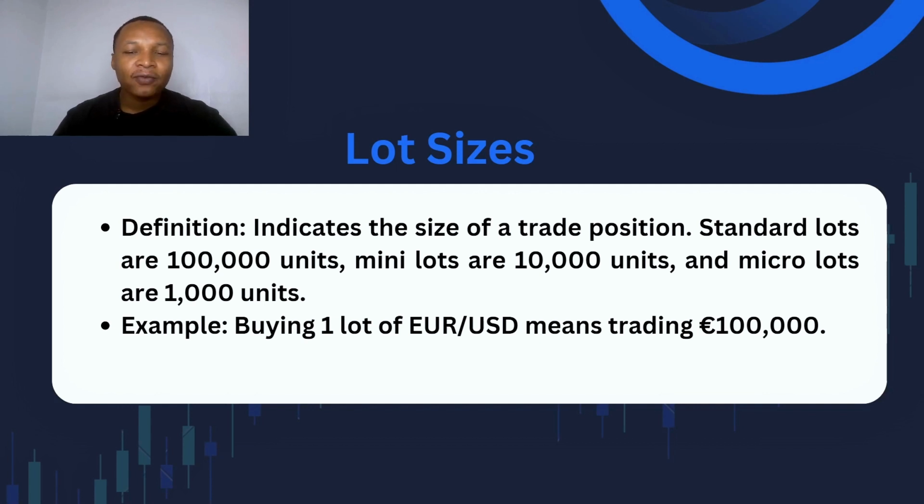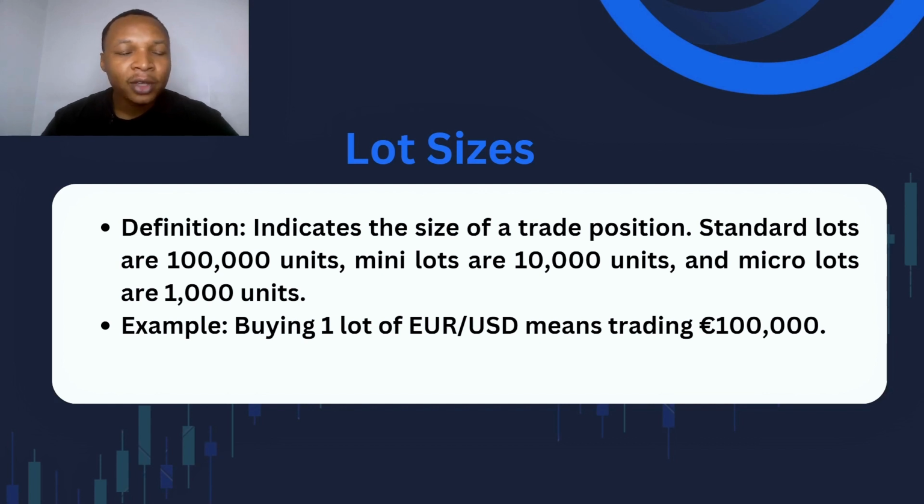We have what we call the standard lots, mini lots, and micro lots. For a standard lot, you are purchasing 100,000 units of a particular currency pair. If you're using a mini lot, you are purchasing 10,000 units of that currency pair per one lot. And if you're using a micro lot, you're purchasing 1,000 units of that particular currency pair.